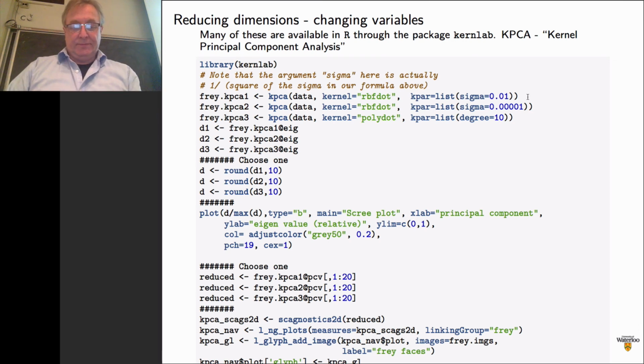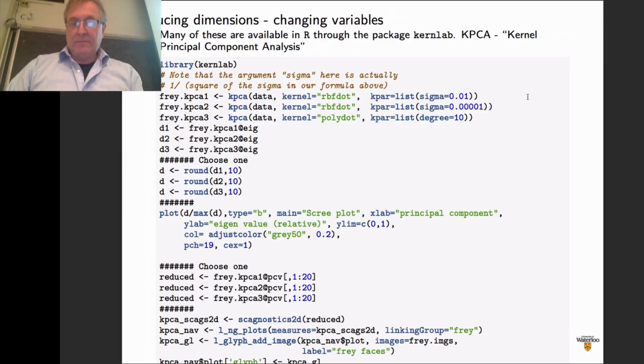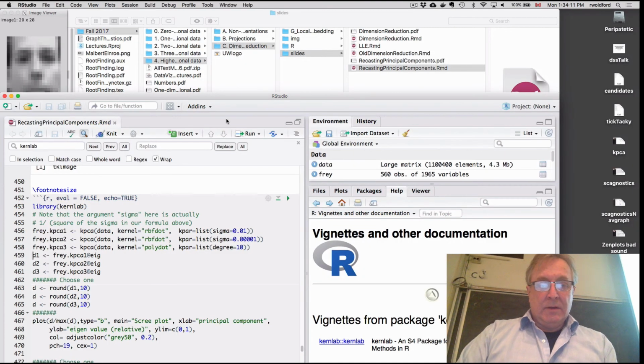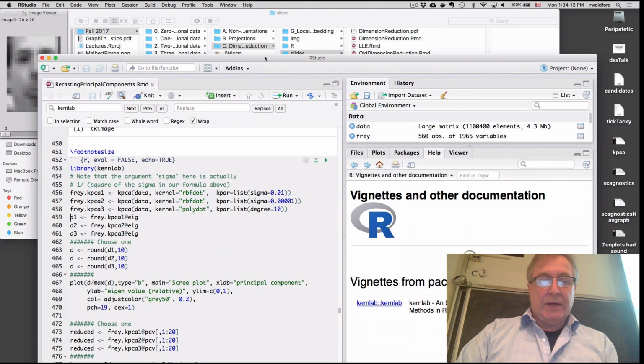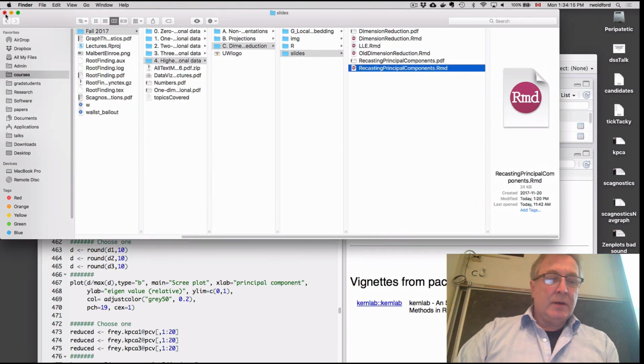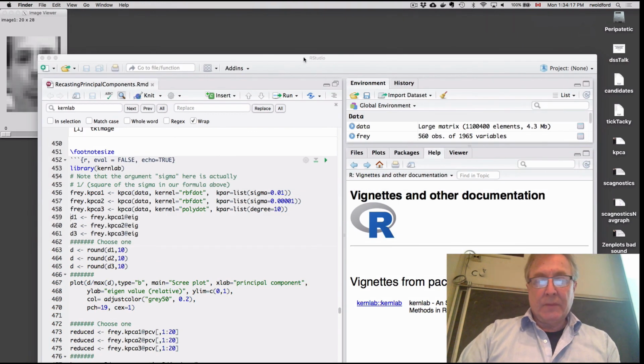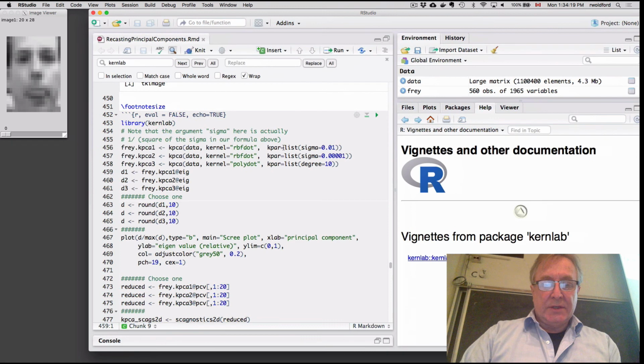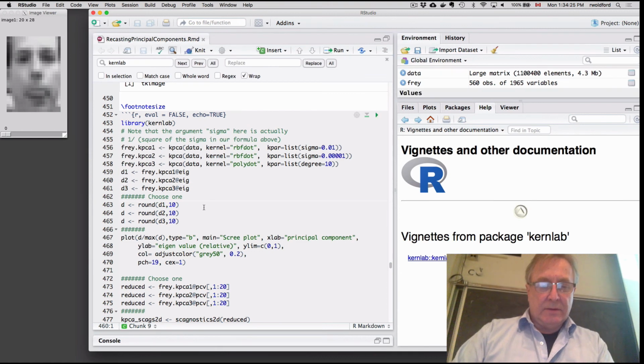Okay? So let's have a look. When we do that in R, we have this radial basis function with that sigma and these eigenvalues.